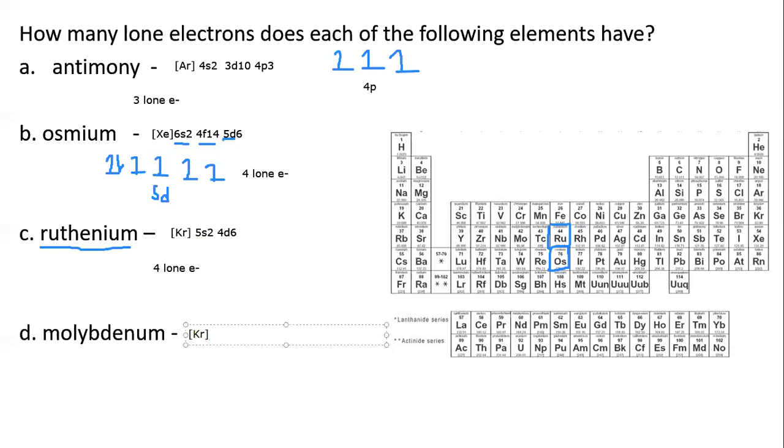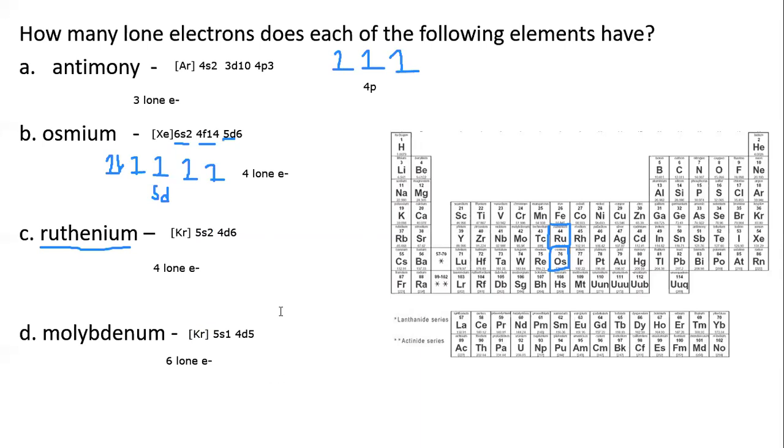So it's going to be 5s1 4d5. And so here you see we have a half-filled s orbital and a half-filled d orbital. Since they're only half-filled, you know that all of these are lone electrons. So this would have 6 lone electrons.